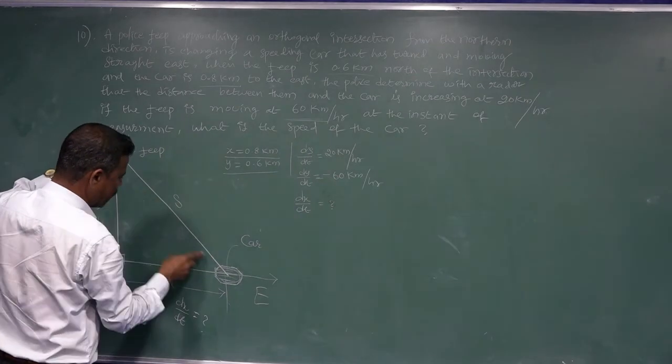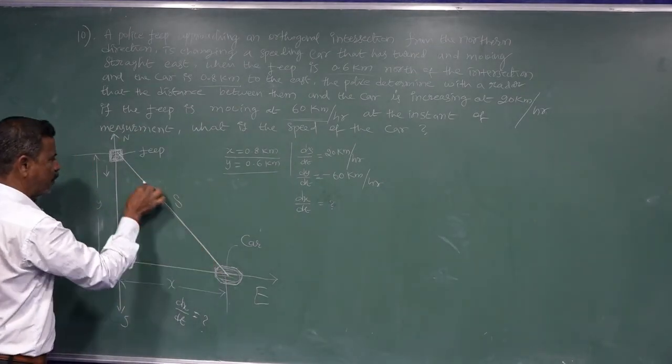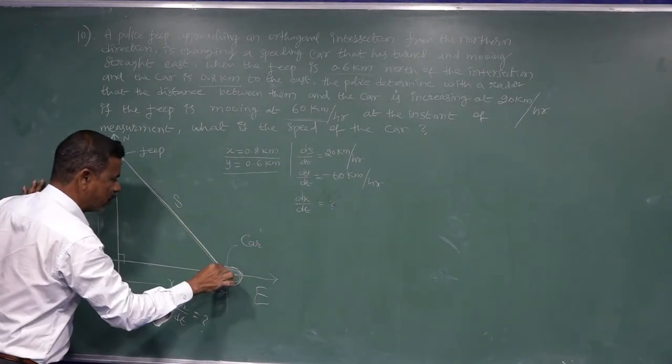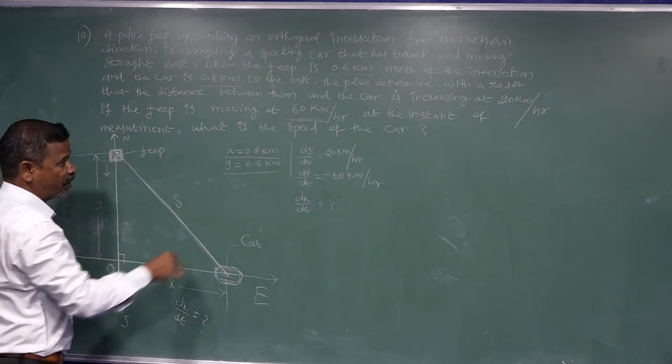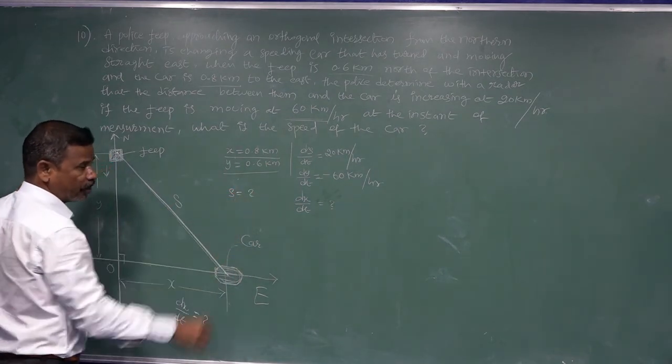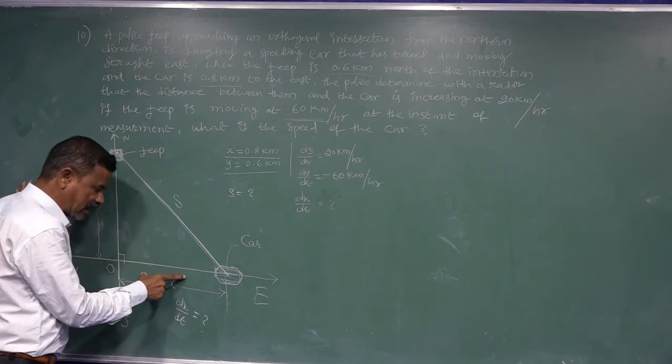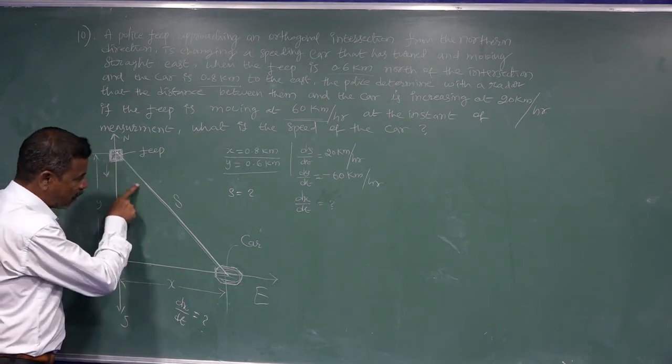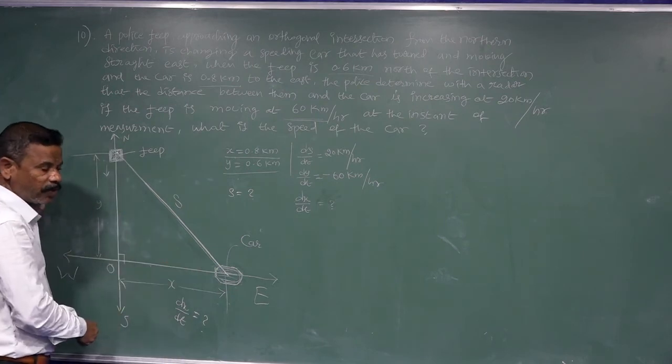This length is taken as s, the hypotenuse. We don't know this hypotenuse, so we find it. Let this be x, this be y, and this hypotenuse be s.